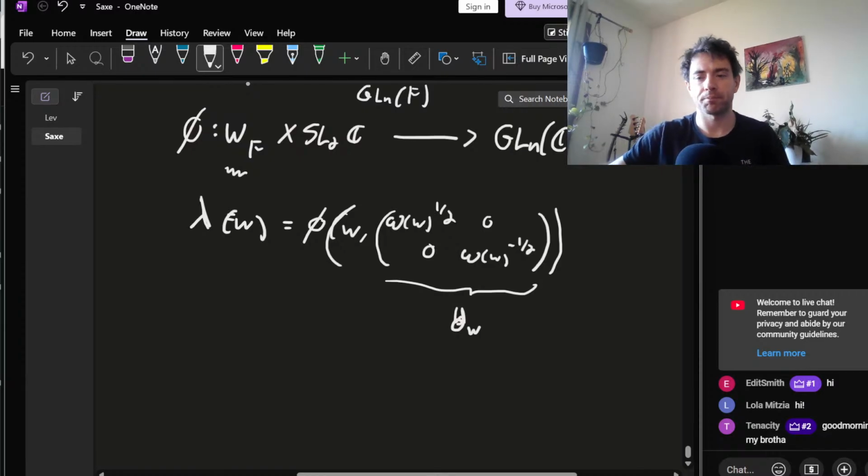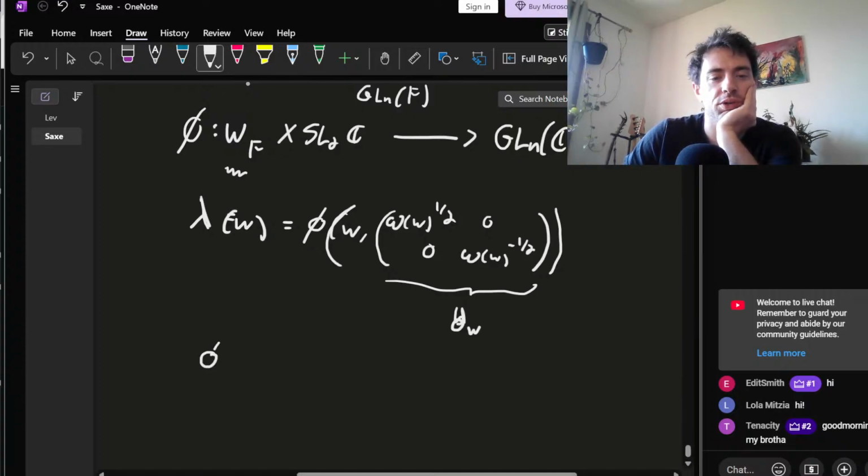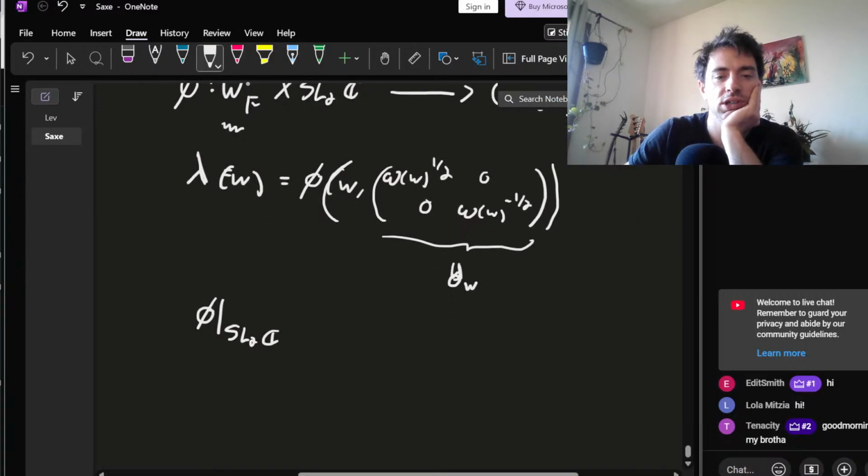And also the condition has to be, if we restrict phi, and now I do mean just ordinary restriction, it's a homomorphism of SL_2(C).